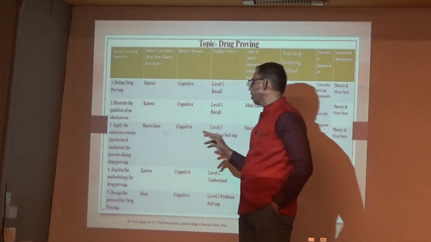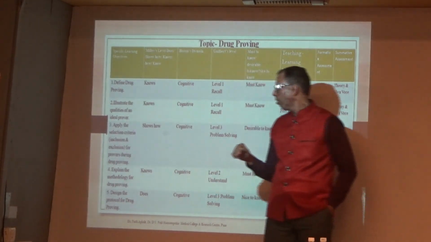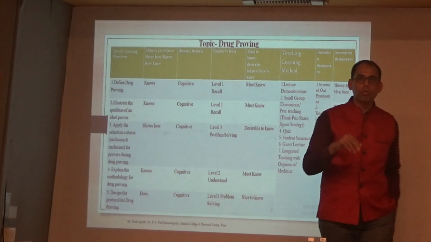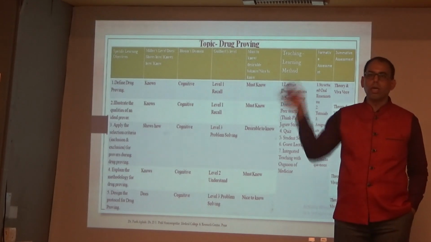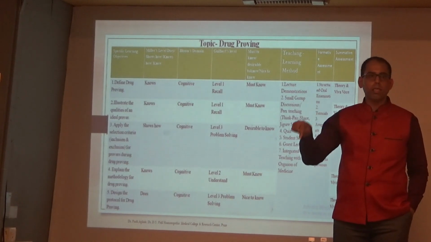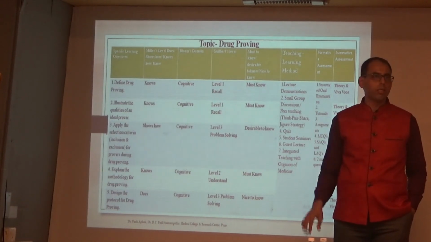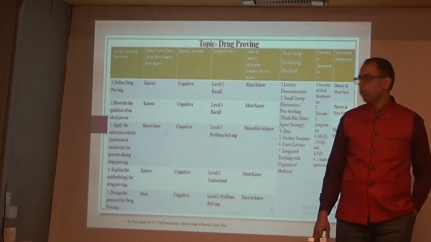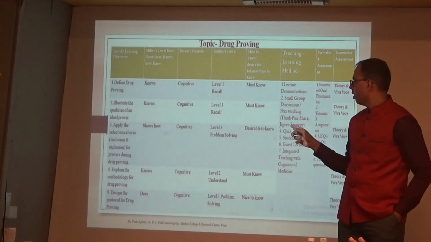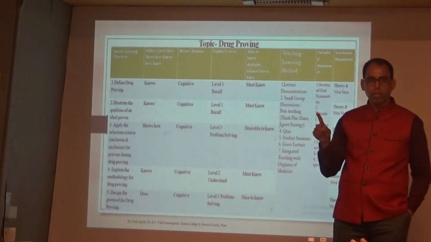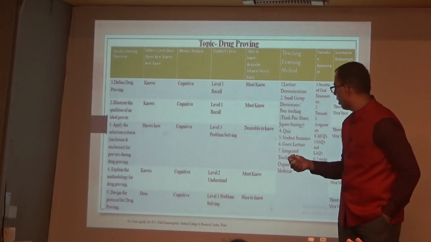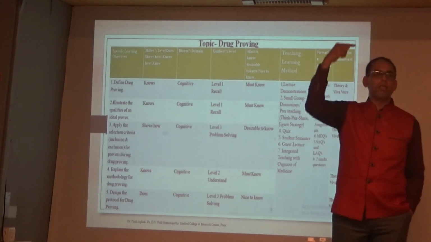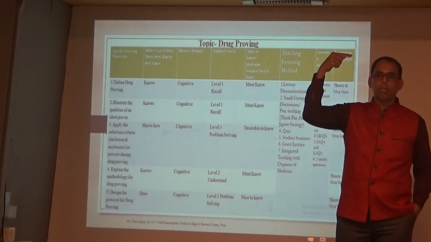Next, apply the selection criteria, inclusion and exclusion, for provers during drug proving. If he wants to go tomorrow and design a protocol for drug proving, he has to apply what he has learned, the inclusion and exclusion criteria for selection of provers. It is cognitive because he is using the knowledge, but it is at level 3, that is problem solving.